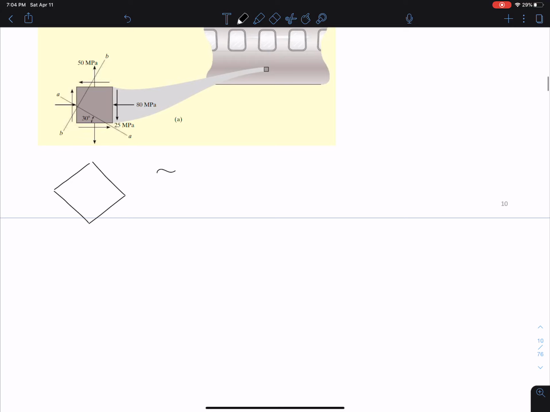So to obtain a rotated element, we need to make a cut at section AA.